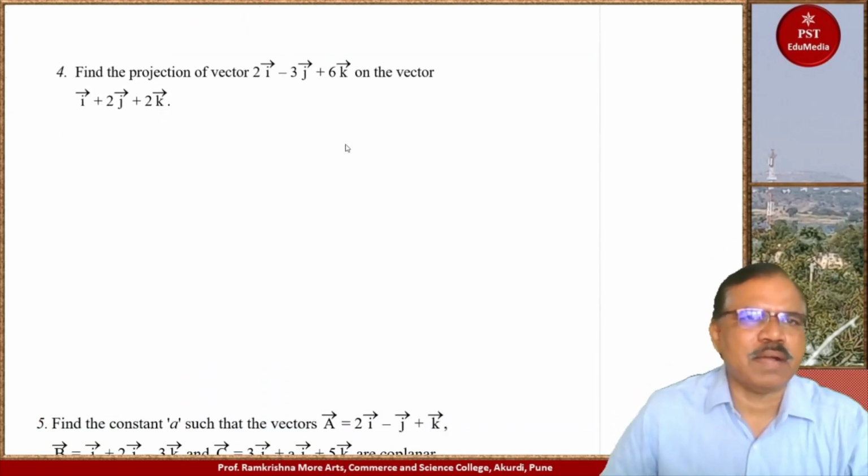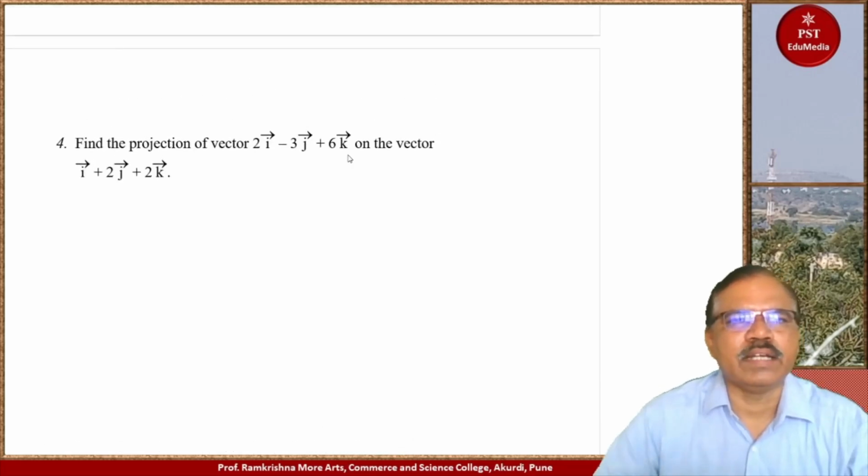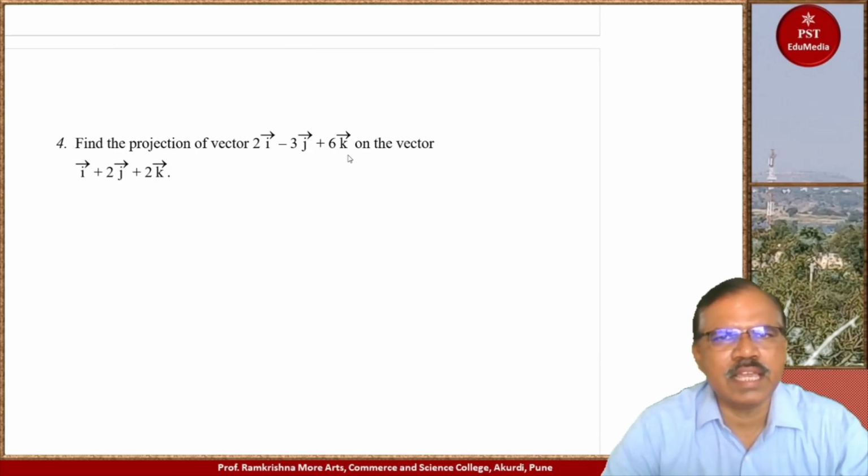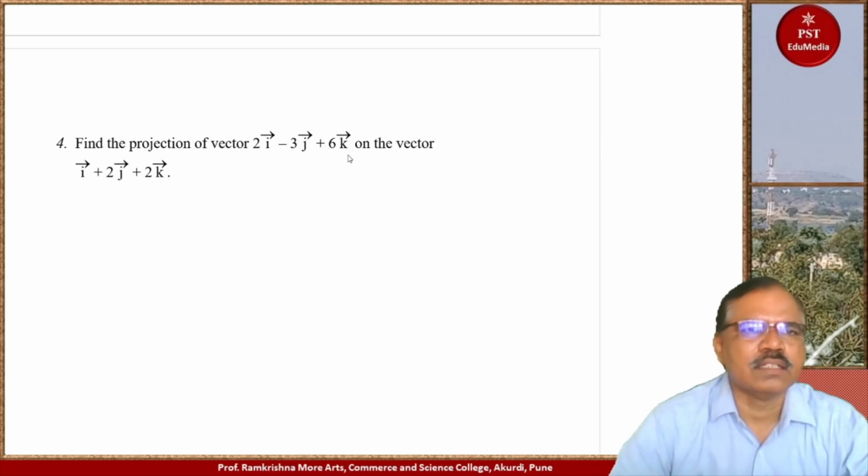Now next one, find the projection of vector 2i minus 3j plus 6k on the vector i plus 2j plus 2k. So we have two vectors here.